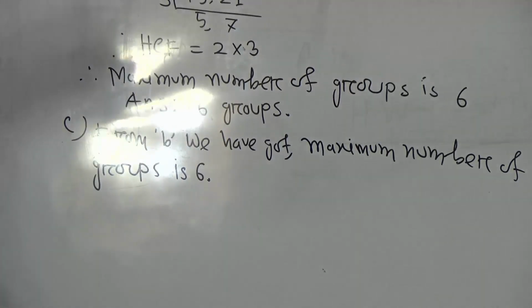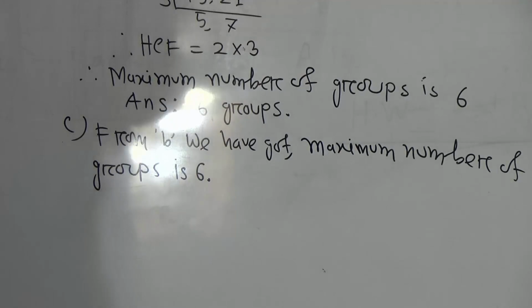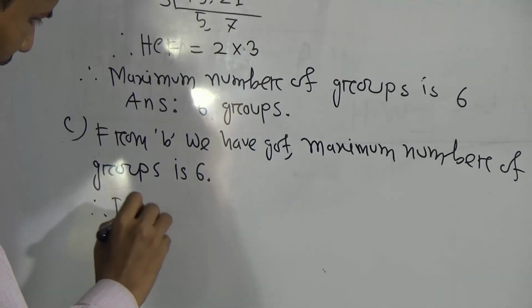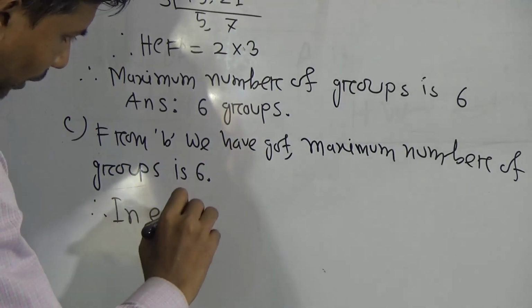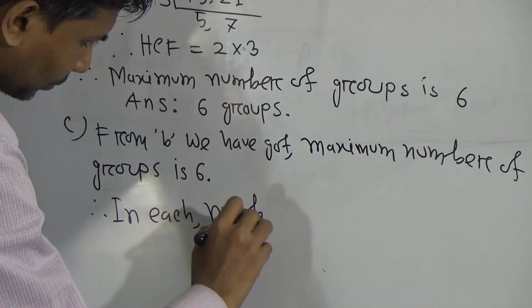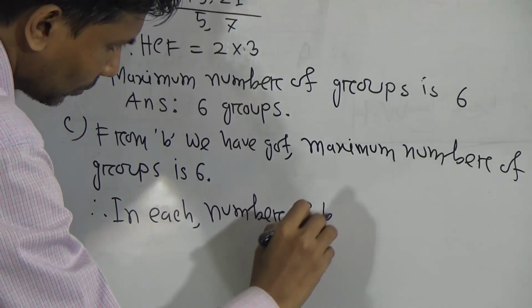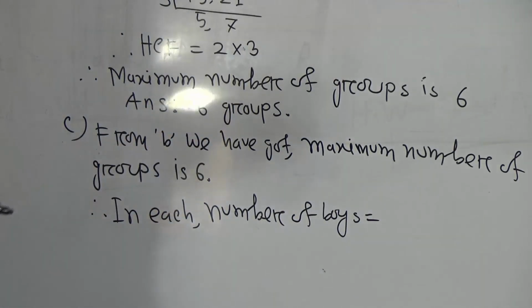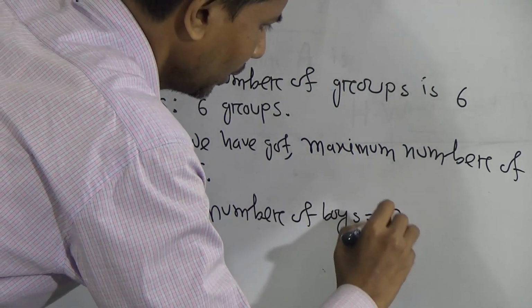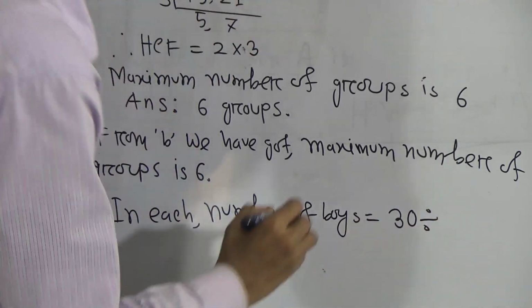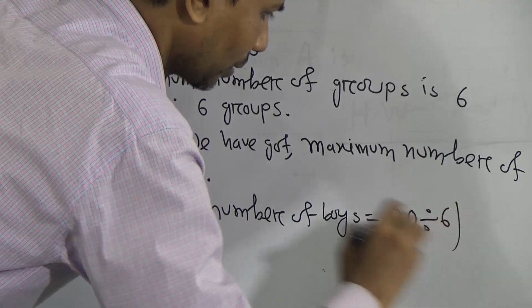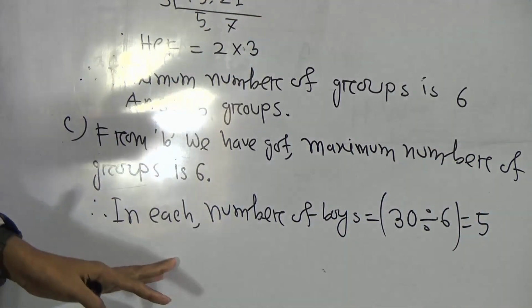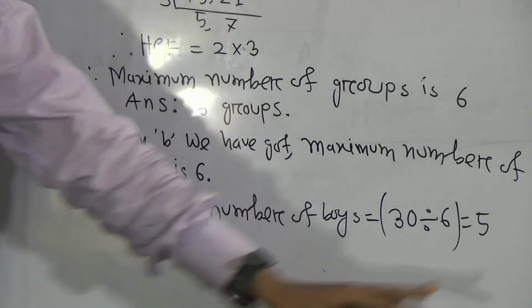Now the question: how many boys and girls are there in each group? Therefore write, in each group number of boys. Boys are 30, so 30 divided by 6 equals 5. That means in each group the number of boys is 5.